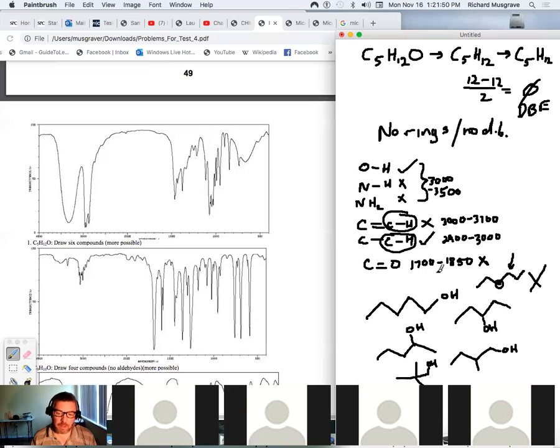So you can get an idea. You can draw anything you like as long as it obeys the parameters that you calculated, like the double bond equivalence, and then what's in the IR. Does it have an OH? Yeah, but there's no way to get another one, is there? Oh yeah. I'll show you one other here.